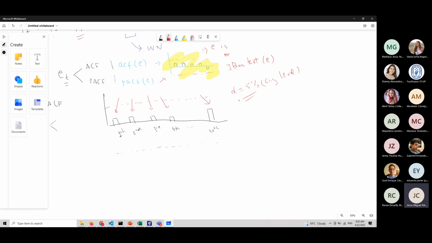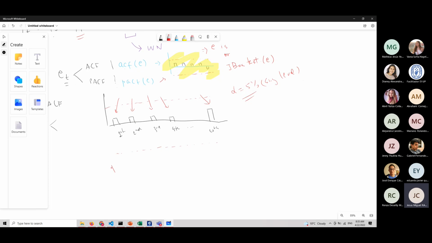And you are good with that. That's why you fix a significance level of 5%. That is the type 1 error. That's the problem with the individual test.